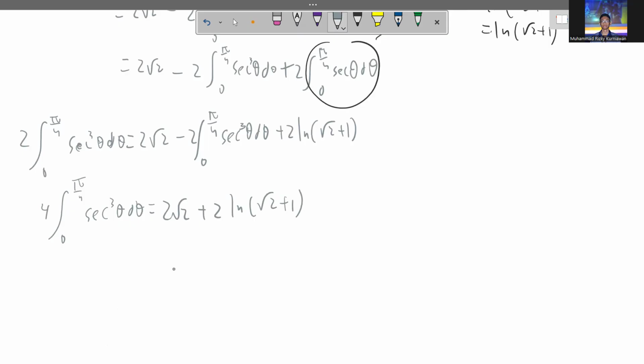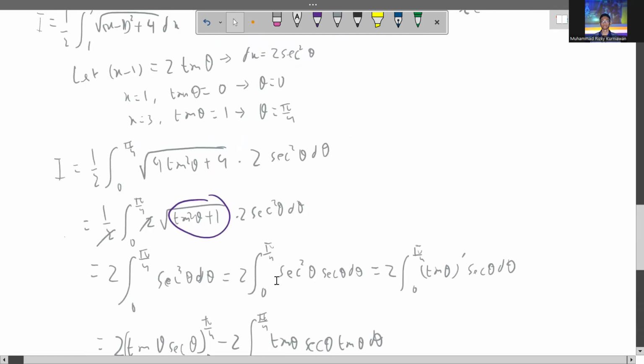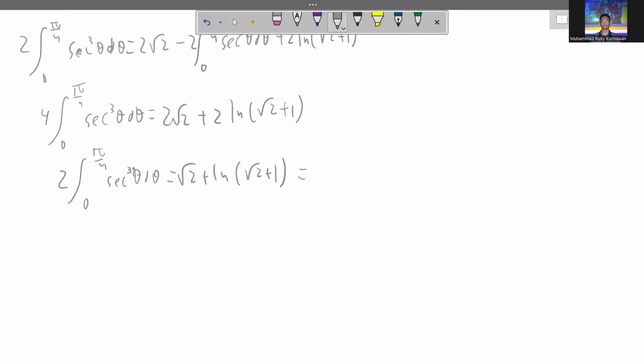Because we only need 2, we can divide both sides by 2. So this is the answer. Okay, and then don't forget that 2 times the integral of secant cube theta d theta is exactly the value of I that we're looking for here. There you go. So that means this is I.